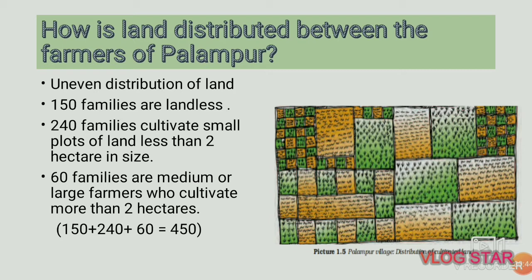Next are the 60 families who have land of 2 hectares or more, and some even have 10 hectares of land. So you already know that in Palampur there are 450 families. I have already given there 150 plus 240 plus 60 is equal to 450. So how land is distributed in Palampur is shown in these values.